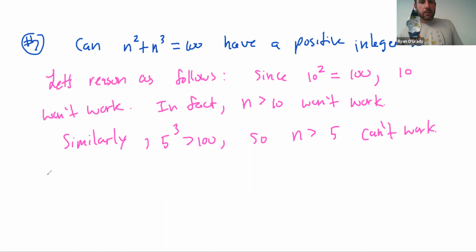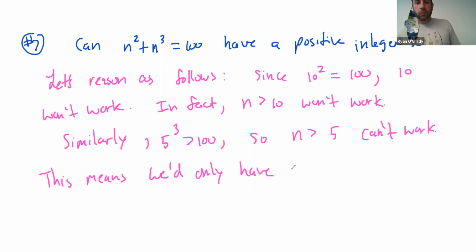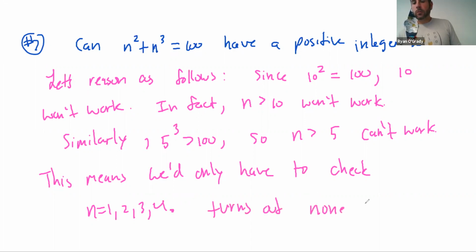So this means we'd only have to check n equals 1, 2, 3, and 4. Turns out none of them are solutions. That's the way to think about this.